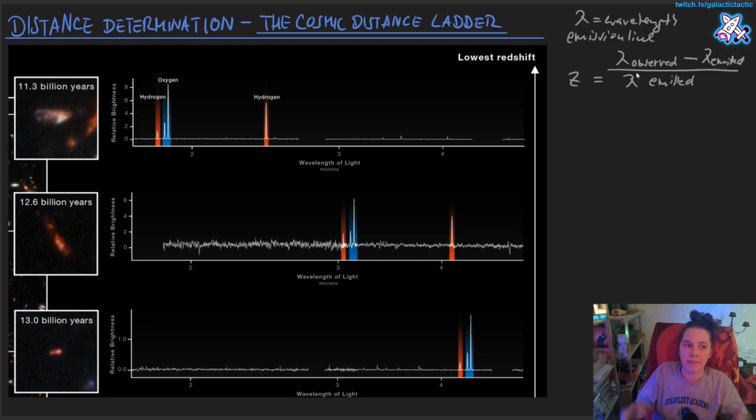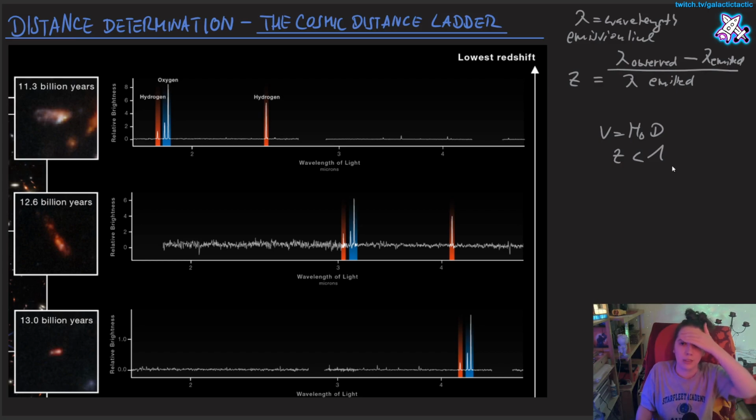But when it was emitted, it had a different value, because it got stretched due to expansion on the way towards Earth. I also want to point out that this formula basically goes for Z smaller than 1, maybe even Z smaller than 1.8. Everything larger than that, it's not going to be that easy anymore.